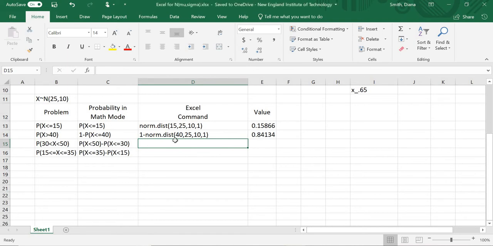So if we're between 2, I'm just going to do norm.dist, my big one, and then minus norm.dist, my smaller one. I'll make that a little bigger.